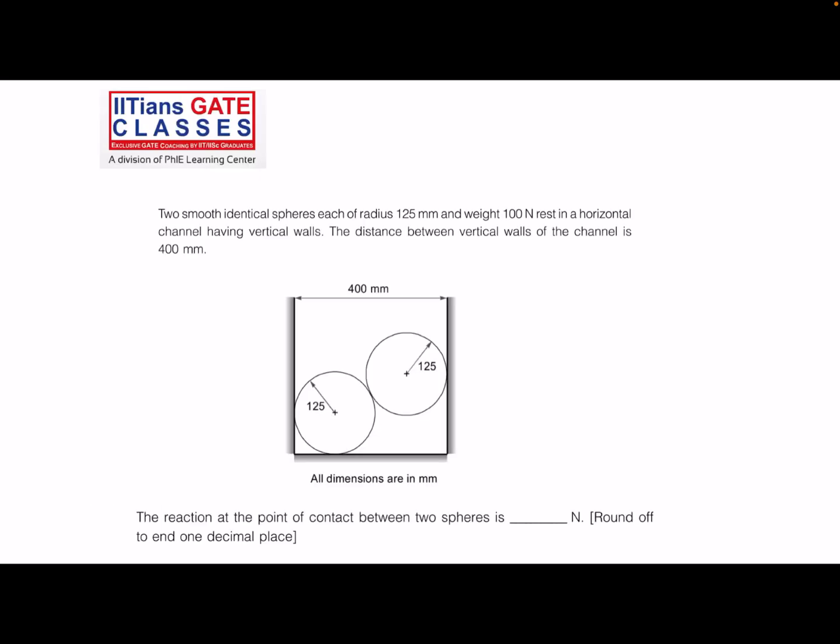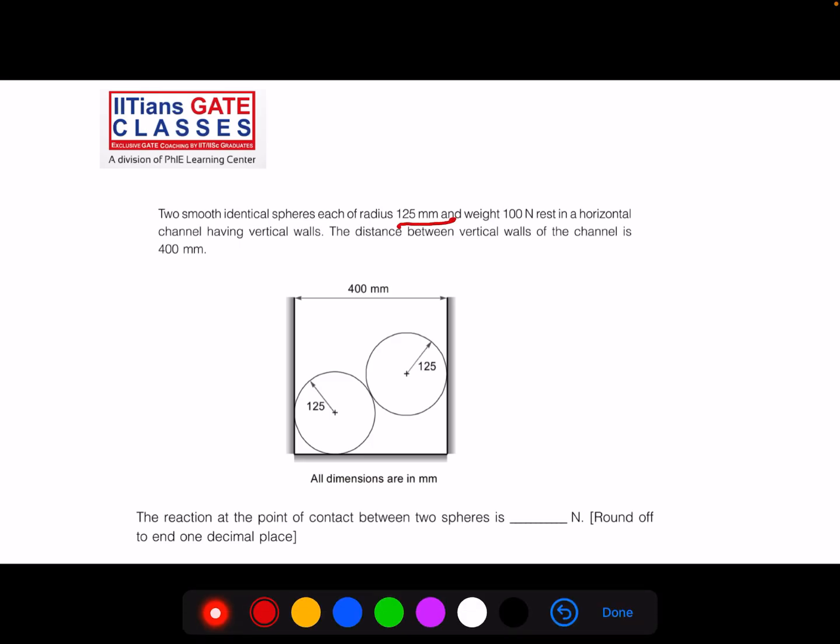Okay, this is the first question. What does this question say? It says two smooth identical spheres, each of radius 125 mm and weight 100 Newton, rest in a horizontal channel having vertical walls. The distance between the walls of the channel is 400 mm. So they are talking about two identical spheres.